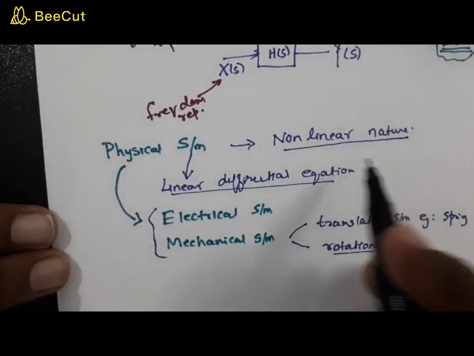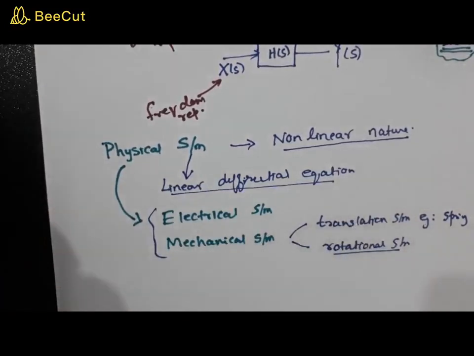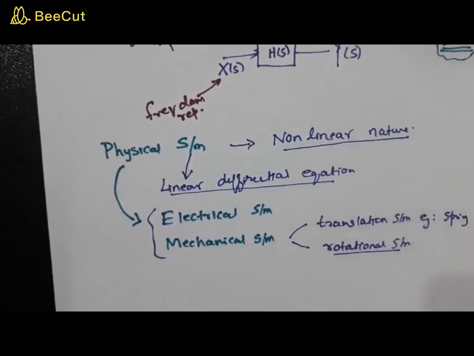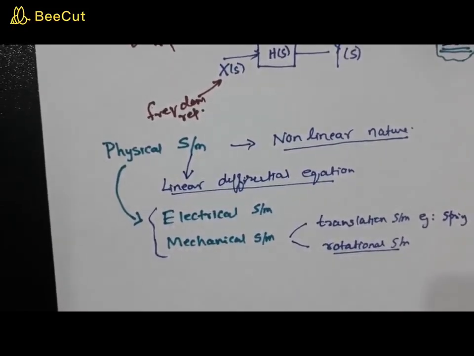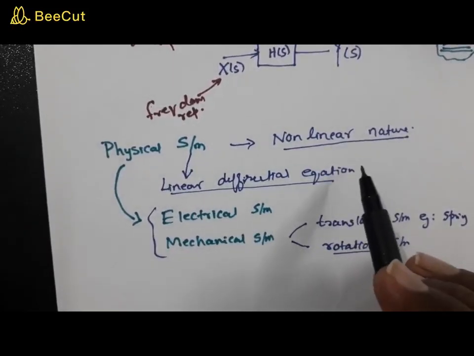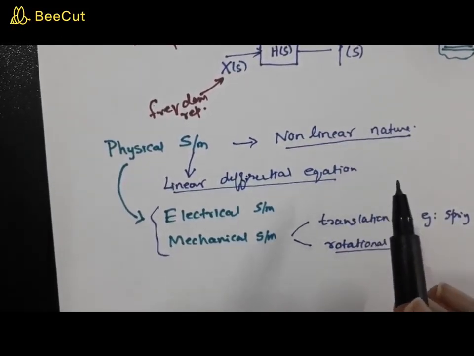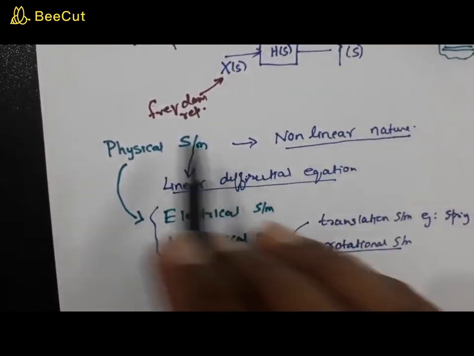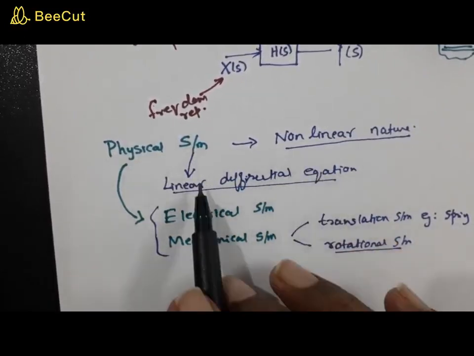So in a sense, this linear differential equation representation is not an apt one, but for a preliminary analysis and design, it is more than enough, and thereby it may restrict its operating range, because any physical system is not strictly a linear system.